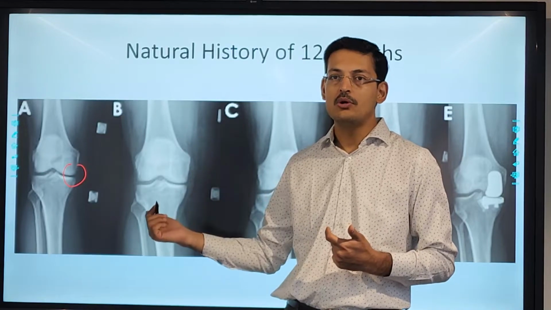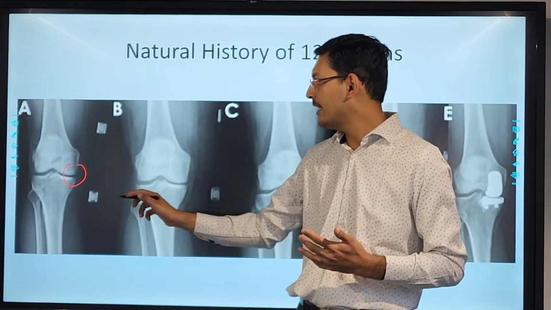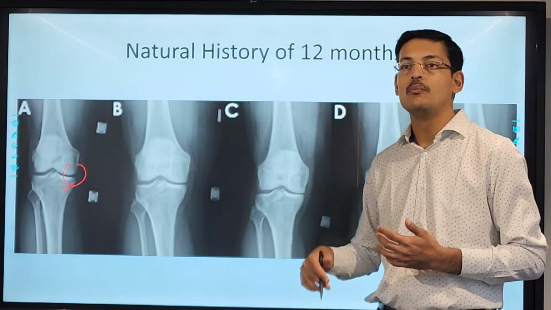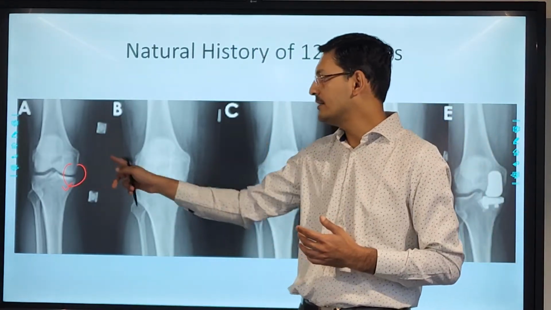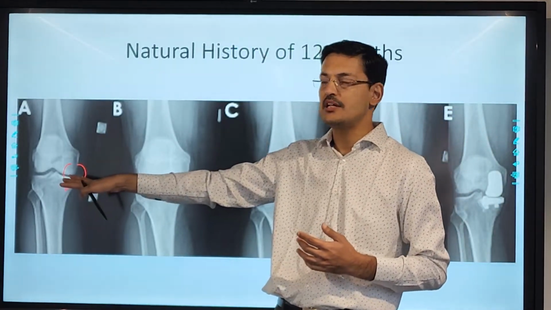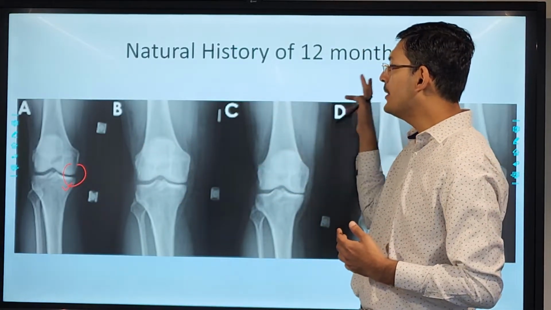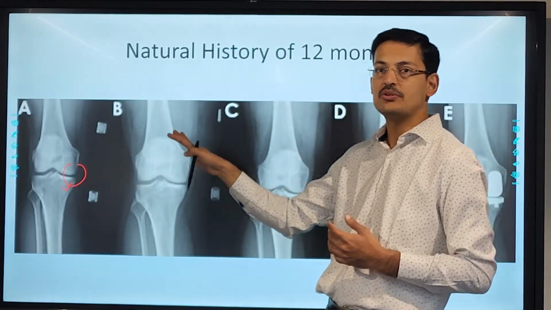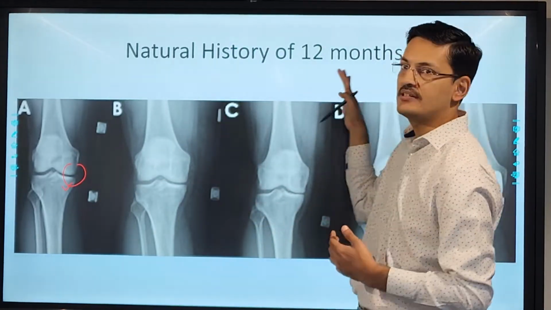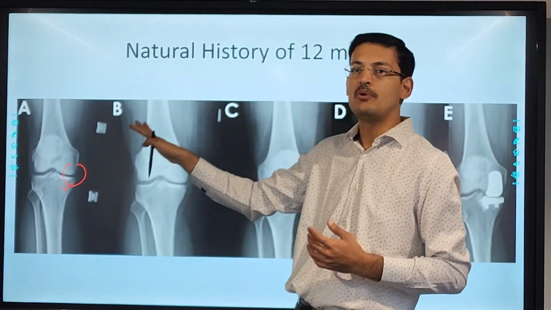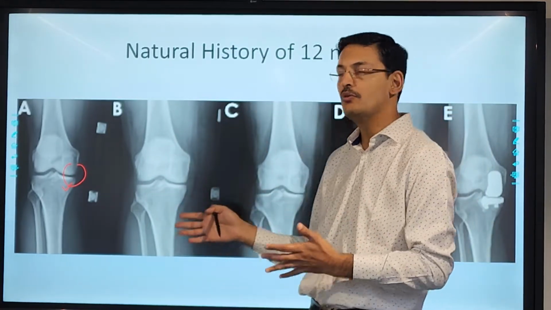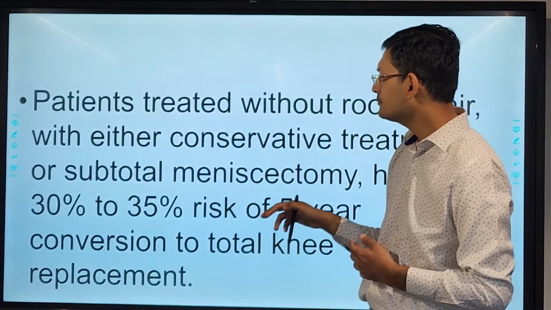So, try to do MRI more frequently at typically this stage, and then you will be able to identify more pathology at this stage so that you can address it at this stage, and maybe you may not be able to avoid this natural history, but you can actually delay this natural history. So instead of this 12 months, this may take the course of about 6 to 8 years. So this is what we can do, or what we can achieve with these sort of procedures.